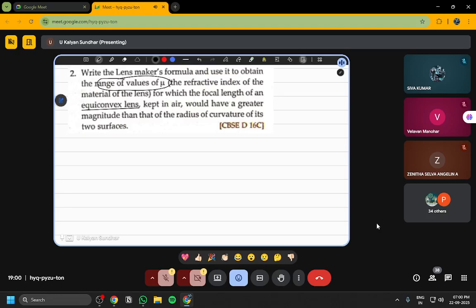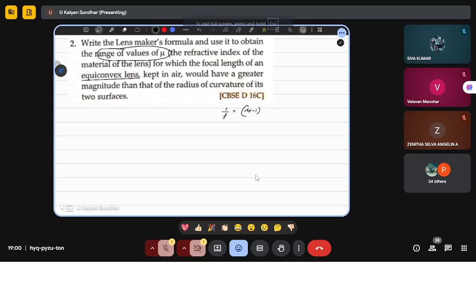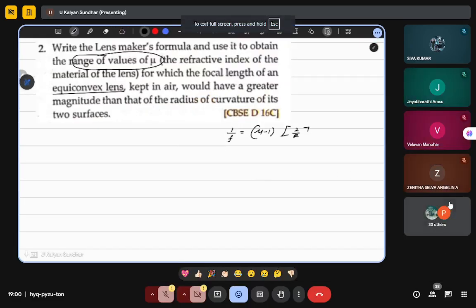The general equation which you have been writing is this. Am I right? This is your focal length value.